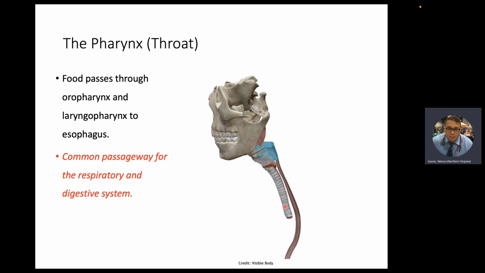This is your trachea. You know it's your trachea because it's anteriorly located and it has cartilage on it. And this is your windpipe. So this is the front of my patient. This is anterior. The posterior is what we're focusing on today, which is your esophagus, also known as your food tube.